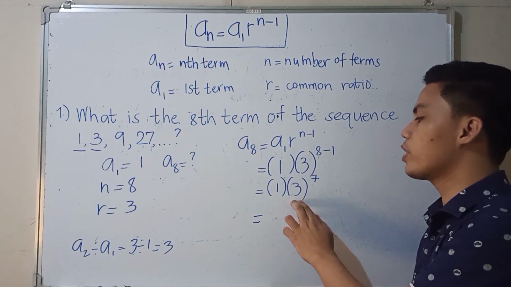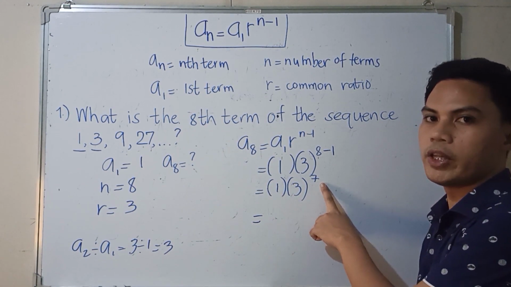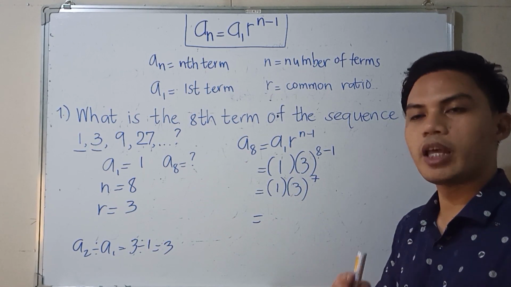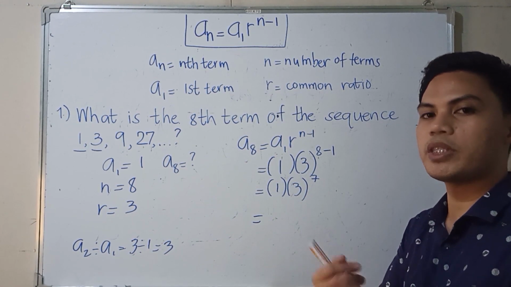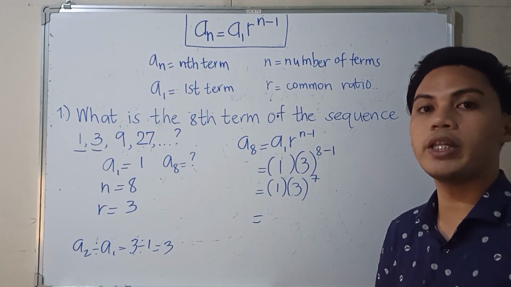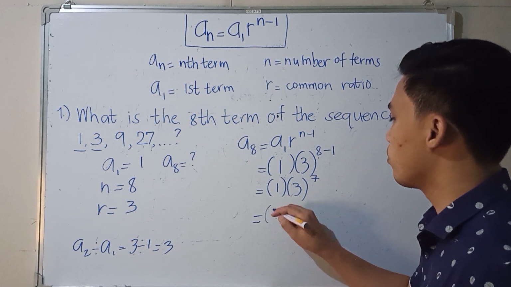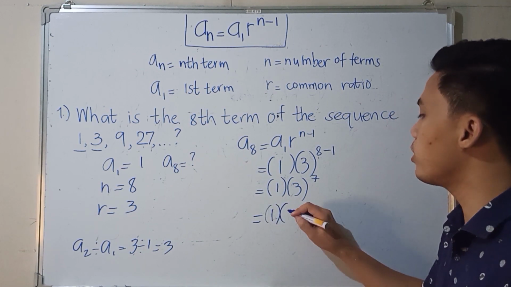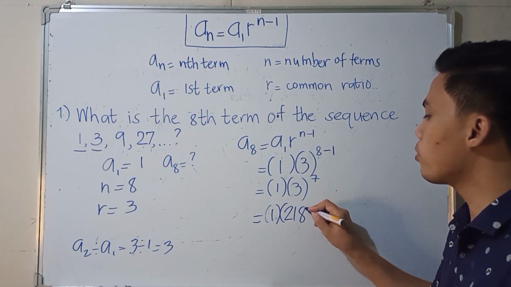We're going to raise 3 to the power of 7. Anong ibig sabihin ng 3 raised to 7? That is 3 times 3 times 3 times 3 times 3 times 3 times 3, or 3 multiply sa kanyang sarili 7 times. So, 3 raised to 7 is equal to 2,187.